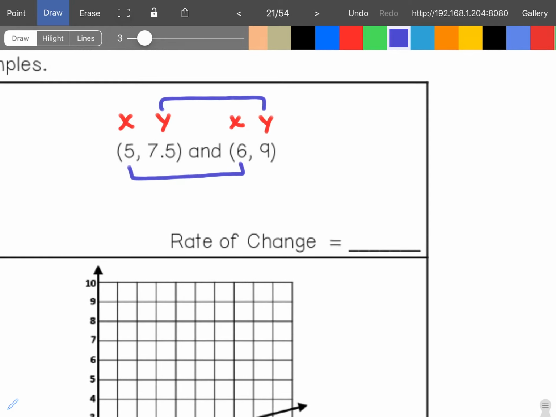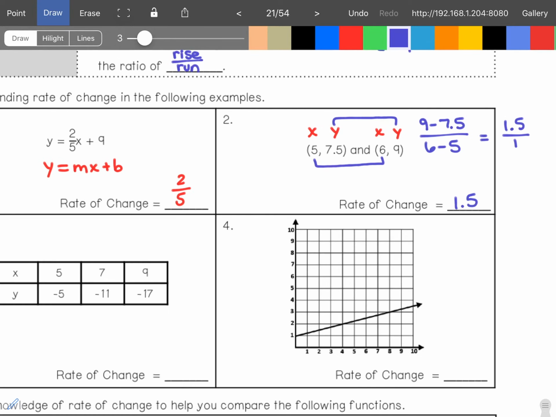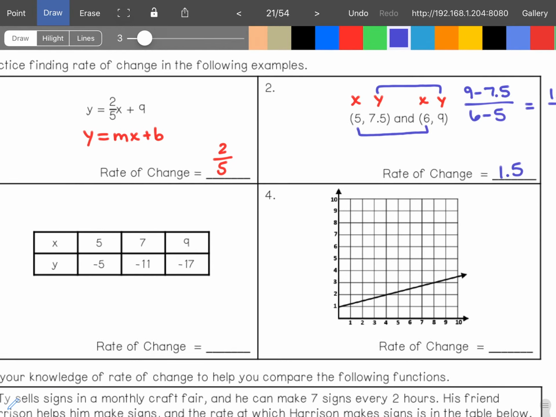So I'm going to do 9 minus 7.5 divided by 6 minus 5. And you're welcome to use a calculator if you need to. 9 minus 7.5 is going to be 1.5, divided by 6 minus 5 is 1, which is the same thing as just 1.5. So that is the rate of change looking at a pair of ordered pairs.